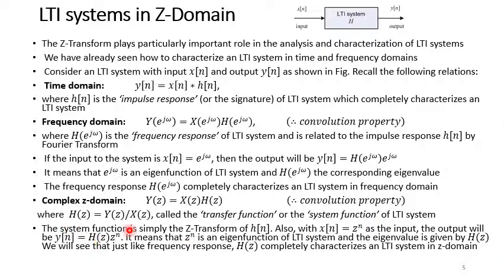The system function H of z is simply the z transform of h of n, similar to how H of e^(j omega) is simply the Fourier transform of h of n.